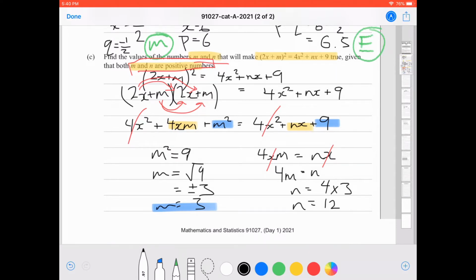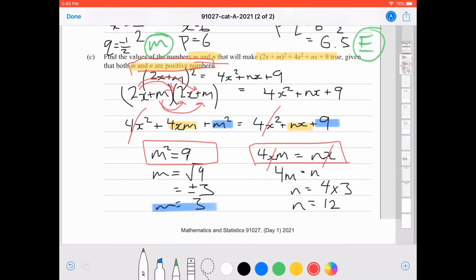Basically, the key to this question is understanding that m squared equals 9 and 4xm equals nx.